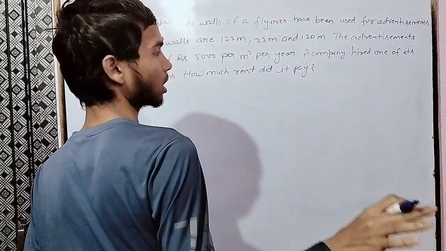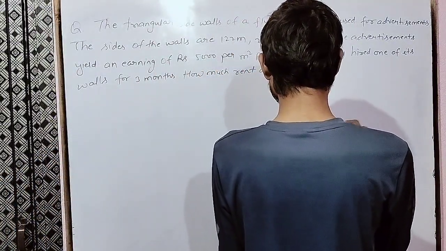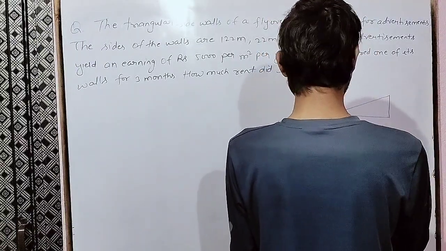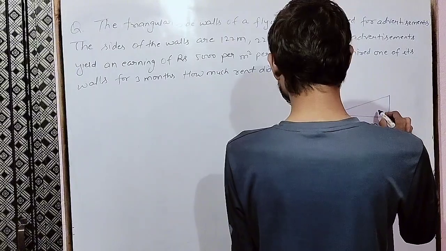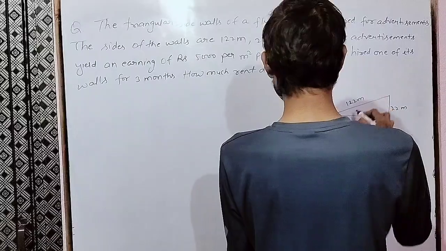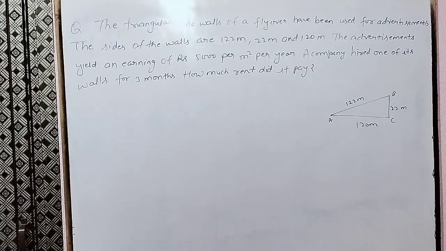Now look at this. The figure is already given by this question. This figure is an advertisement paper, which looks like a triangle. It is looking like a right angle triangle.